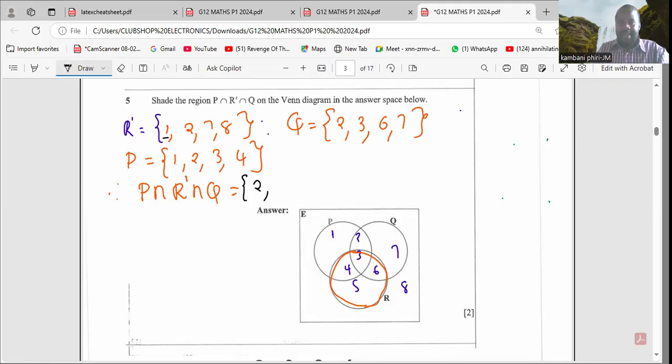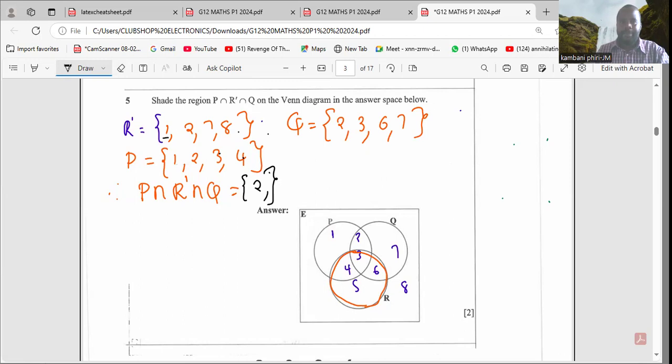Then we have 8. 8 is not in Q, neither is it in P, so 8 is not common. Here, if you look at 3, it is not in R, so 3 is not common to the 3 sets. 4 is not found in any of these 2 sets. So the only element that is common to all the 3 sets is 2.